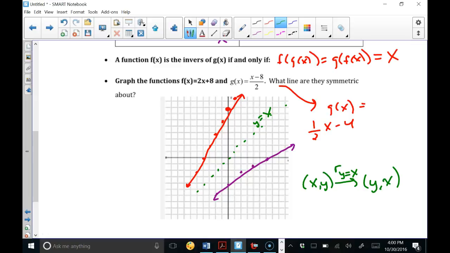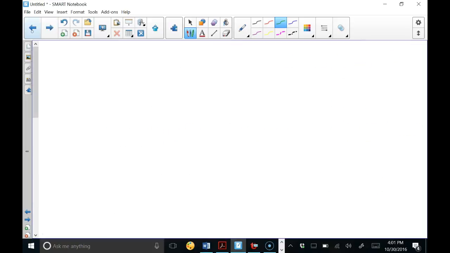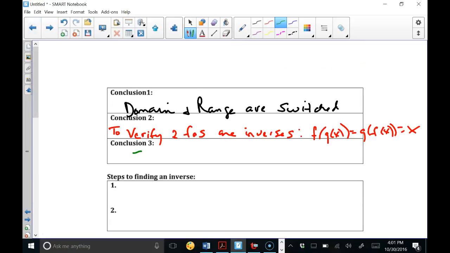So if you switch x and y when you're forming an inverse, it means that you are, ta-da! Okay, switch x and y, you're forming the inverse, but you're also reflecting over the line y equals x. So our third conclusion is inverses are symmetric about the line y equals x.